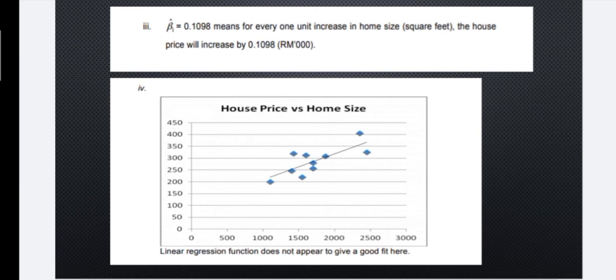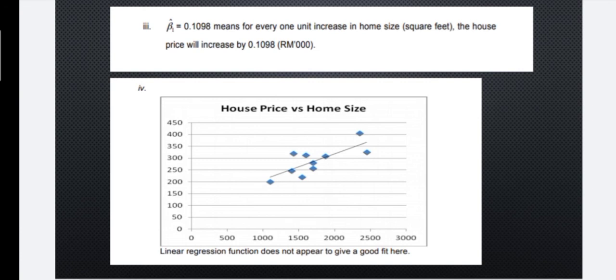So I rasa biasanya lah dulu waktu you belajar dulu kan, you kena create bila X 0, Y akan jadi berapa, bila Y 0, X akan jadi berapa. So bila you dah ada 2 point tu, you boleh plotkan ataupun you boleh create the line tadi tu.